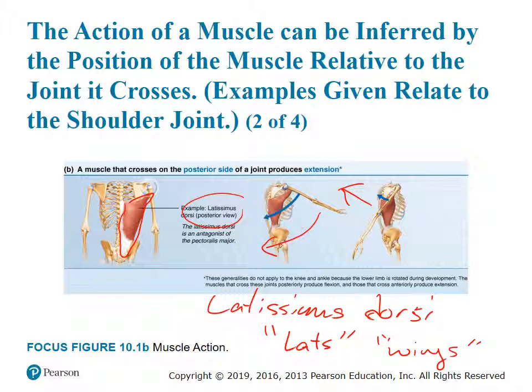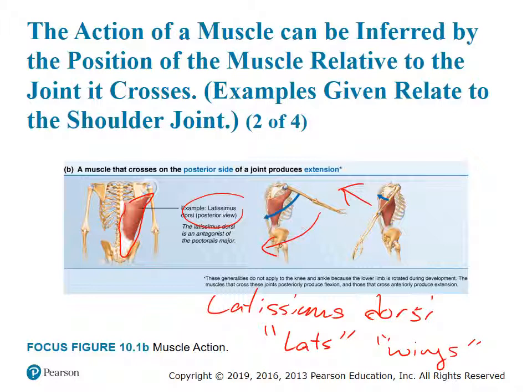Is our initial movement extension or is it flexion in this example? If the initial movement is going to be extension, then the latissimus dorsi muscle in our example here is the prime mover, and our pectoralis major muscle is our antagonist if we want to swing the arm back.